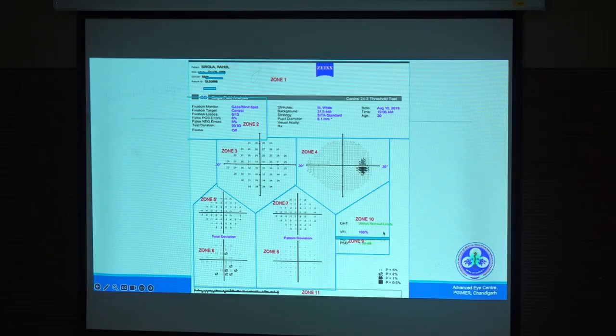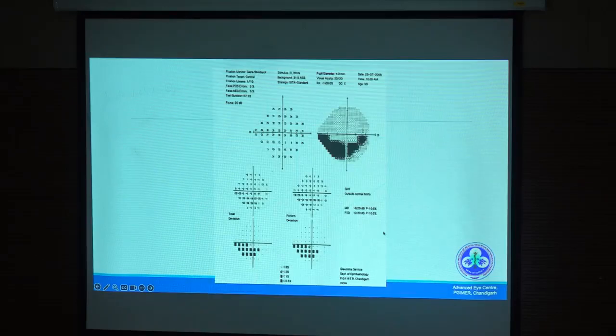I am not going to describe the details because of the lack of time. And this is the kind of pattern you can get, an inferior arcuate pattern, in visual field evaluation.